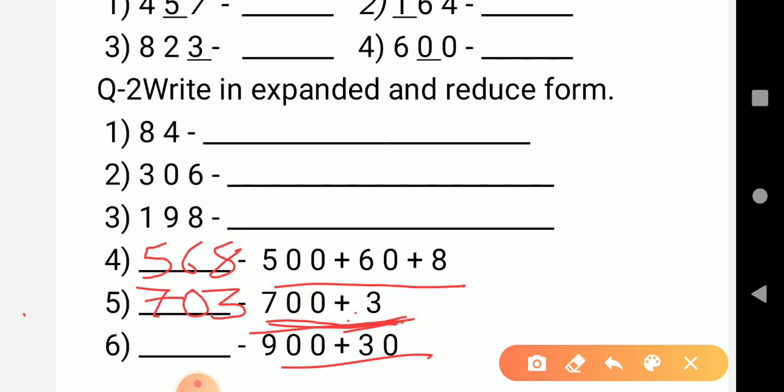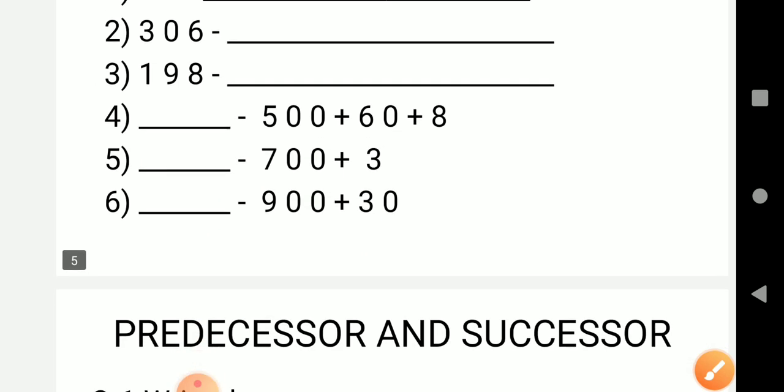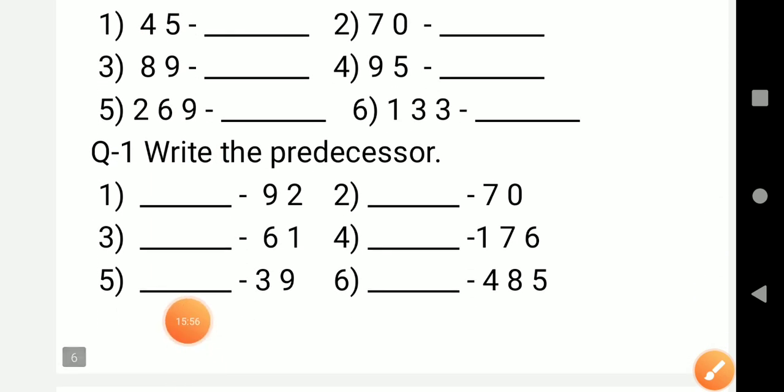Then the last number is 900. 9 is on the hundreds place. 30, that is, 3 is on the tens place. Here the ones place is not given, so we write 0 for the ones. Understood?